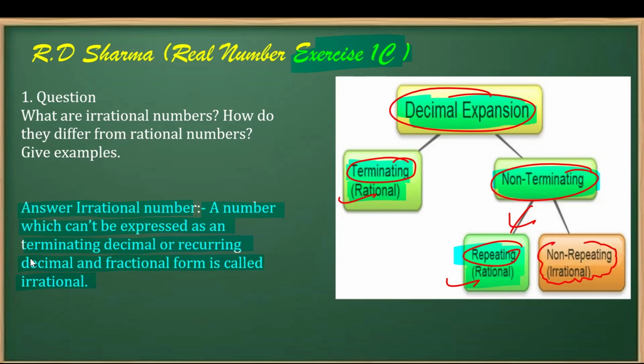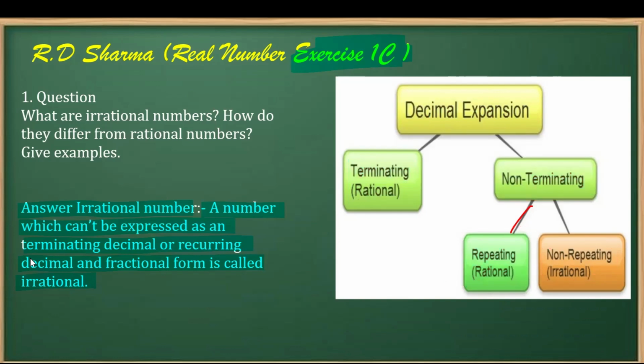If it is non-terminating, non-repeating. So we may simply say that if the decimal expansion of a number is non-terminating and non-recurring, then we say it is an irrational number.